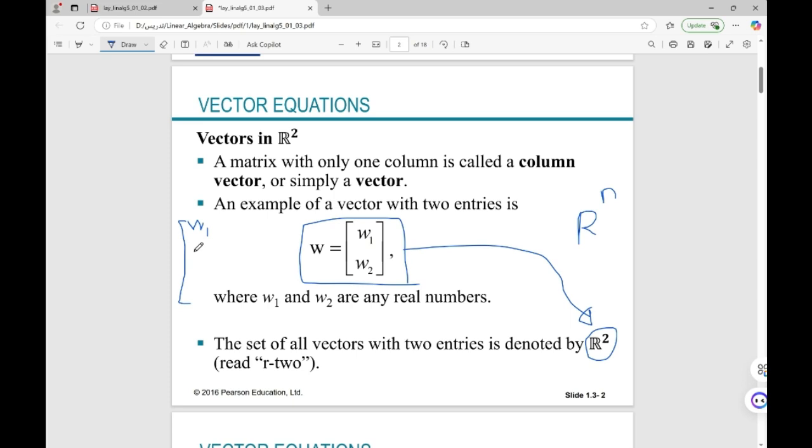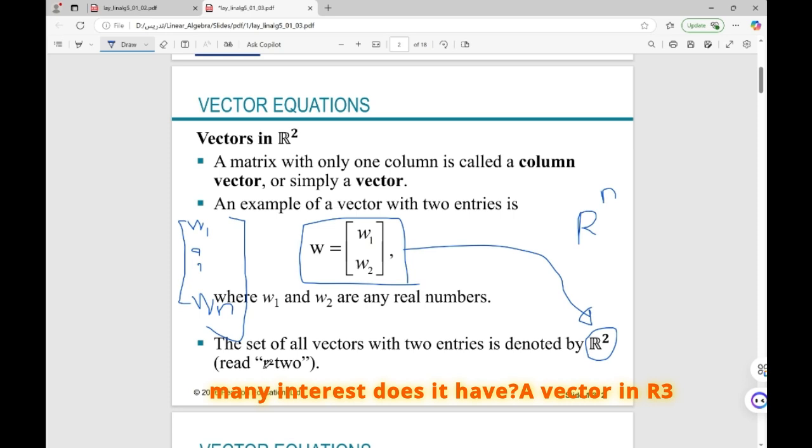Right? So a vector in Rn is something like this: W1, then W2, W3, etc., Wn. Unfortunately, it's not easy to write here. So it's a vector like this. A vector in Rn has n entries, very simple. A vector in R3, how many entries does it have? 3 entries.